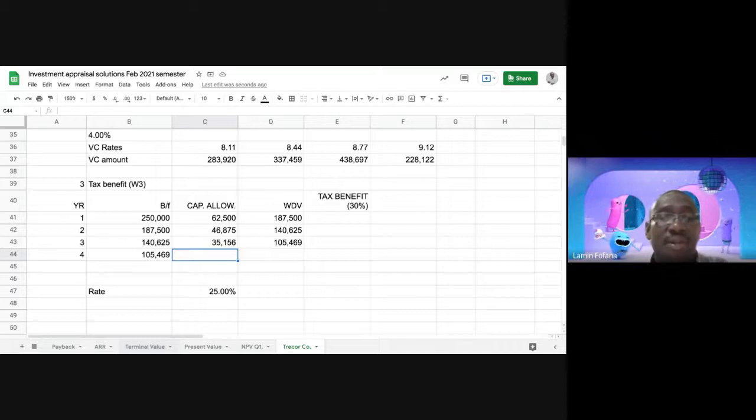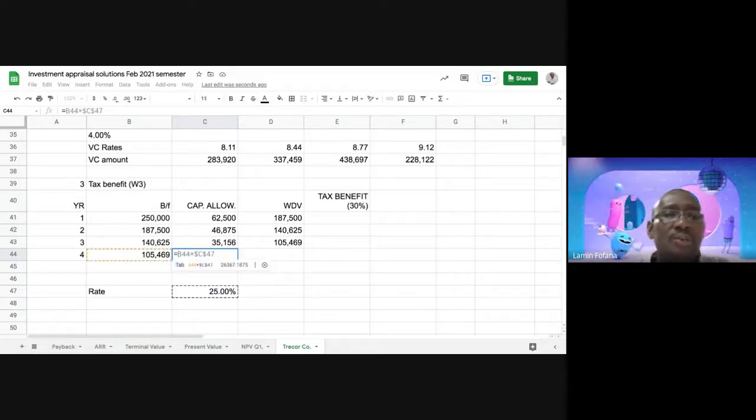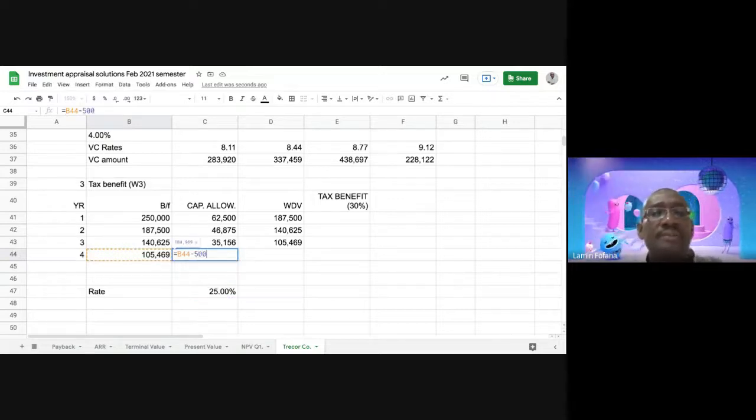Is that clear, everybody? Because in year 4 we are disposing of the asset. So we say equals this minus 5,000.